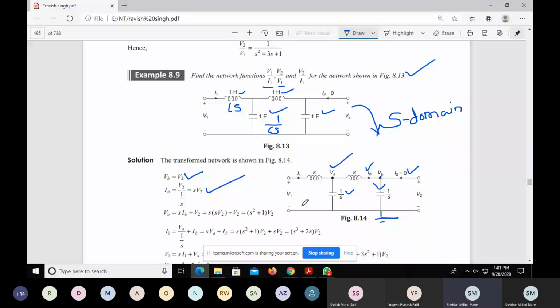VA is IB into S plus V2, since VB is V2. IB is SV2, so substituting, we finally get VA is equal to S square plus 1 into V2. So here we have written VA in terms of V2.